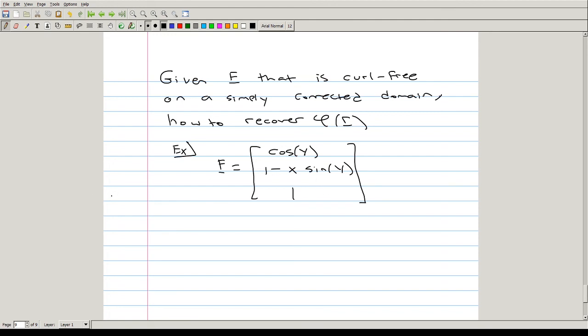It's defined on all of R3, so there are no holes, and the domain is simply connected. It's actually infinitely many times continuous. You can take the derivatives of this vector field infinitely many times, but the main thing is that it's continuous on a simply connected domain.